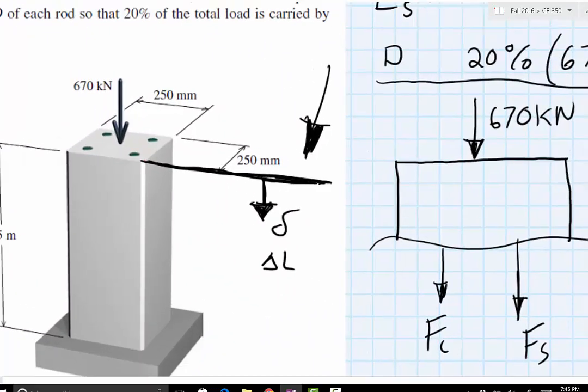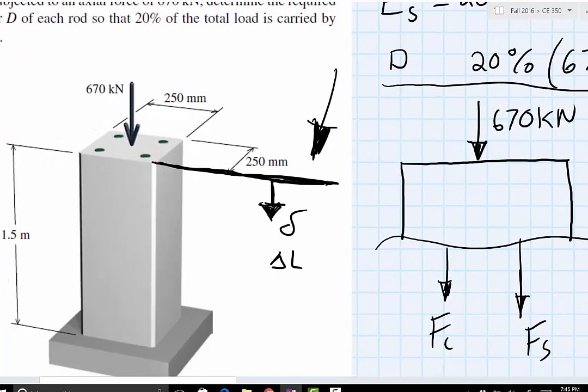Well, if we look at our figure here, they were nice to us and they give us a square. So this is 250 millimeters by 250 millimeters, and that's the area of the total piece. If we take the total piece and subtract these pieces here of the steel, that'll give us the concrete.